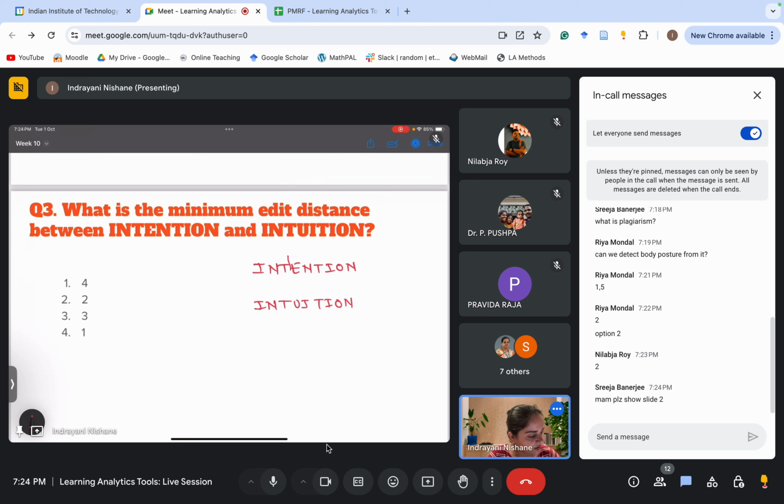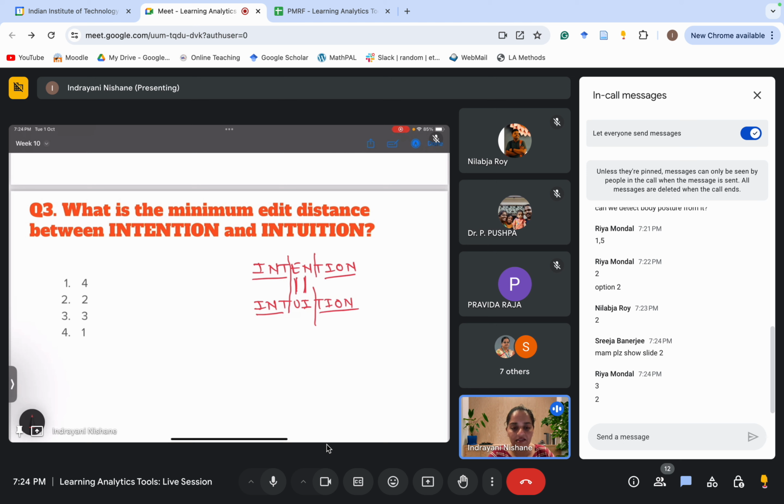These 3 letters are going to remain the same, and the last 4 letters are going to remain the same. So how many letters do we need to replace, with operations like insert, delete, all those? It is twice. So the answer is 2.